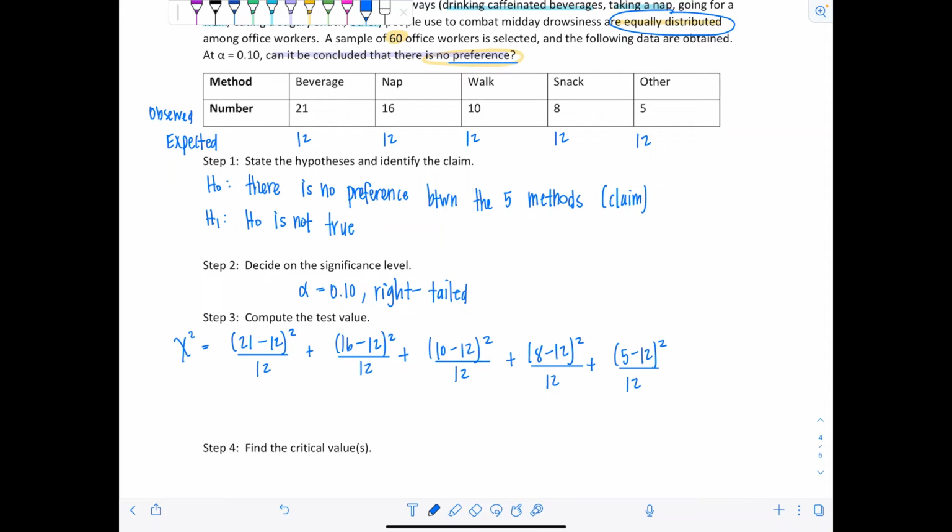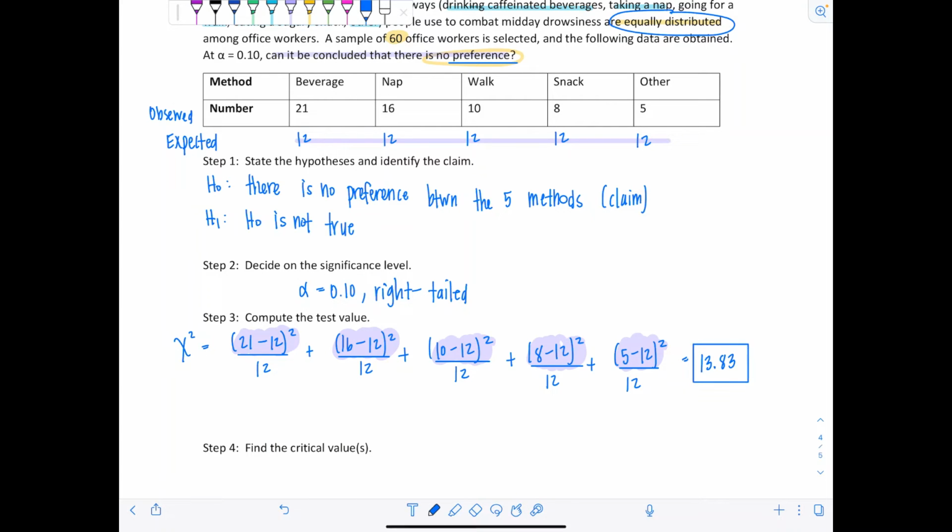If you're actually going to do this with your calculator, compute all of these differences and square them. Then at the very end, when you add them up, you can just divide by 12 once, because in this case the expecteds were all the same. And you should get 13.83.